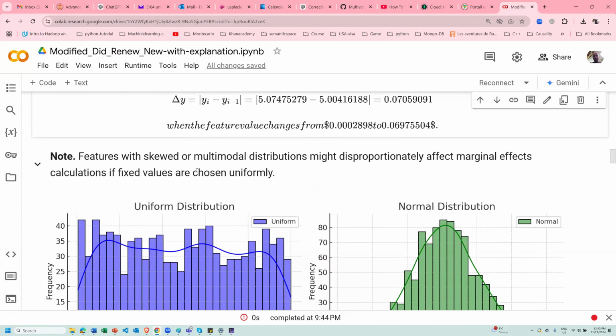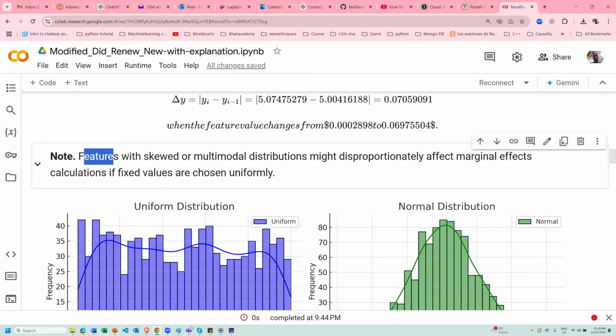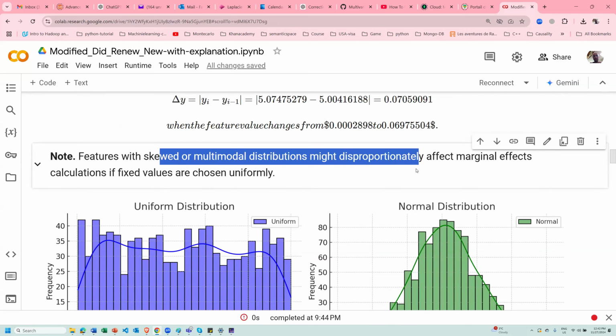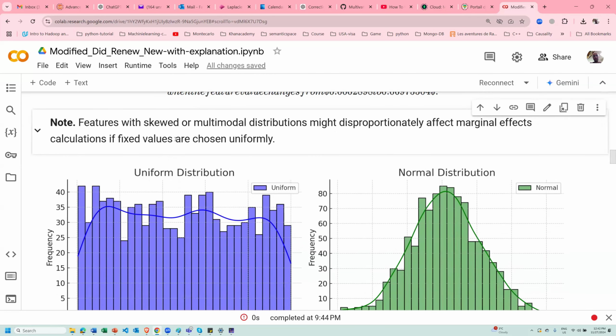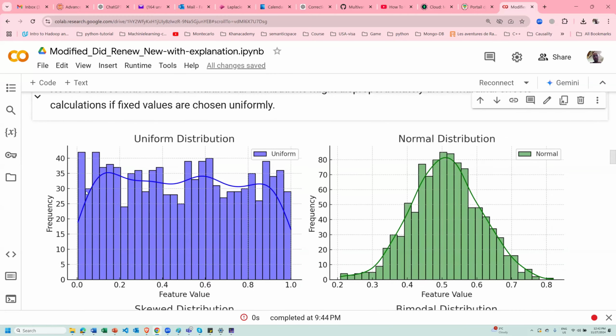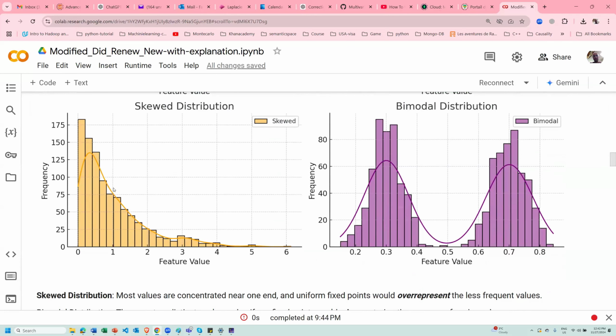Now, here we have a problem with marginal effect. Why? Because features with skewed or multimodal distributions might disproportionately affect marginal effects if fixed values are chosen uniformly. Here you see that there is no problem, but here we have this skewed distribution, right? Here we have some problems.